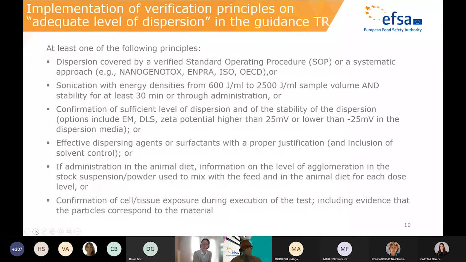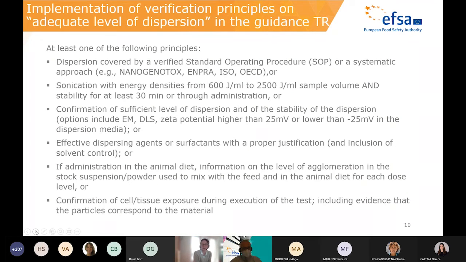So how can this be verified? For the adequate level of dispersion, there is also information on this in the technical guidance that was presented yesterday. For example, dispersion by using the SOPs from NANOGENOTOX or EMPRA or NanoGRG, so there are some protocols there to be used.